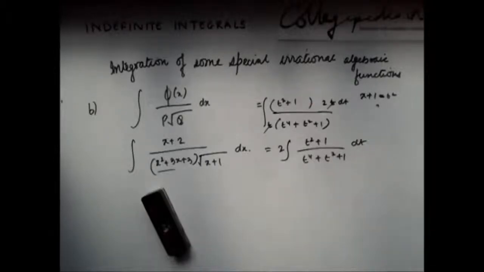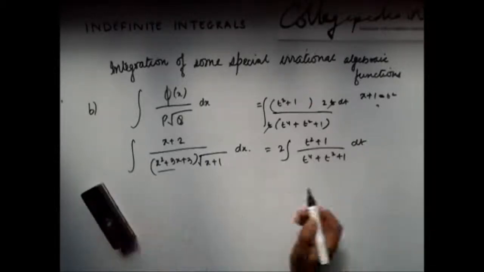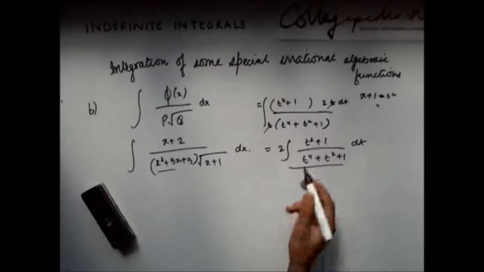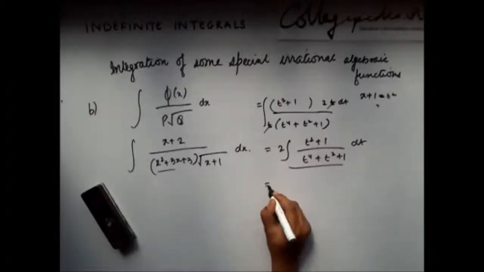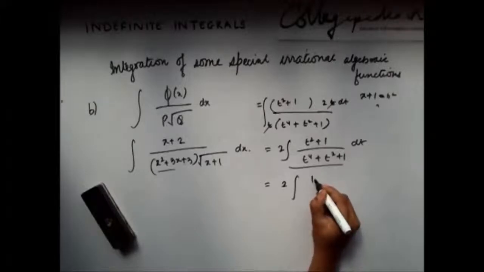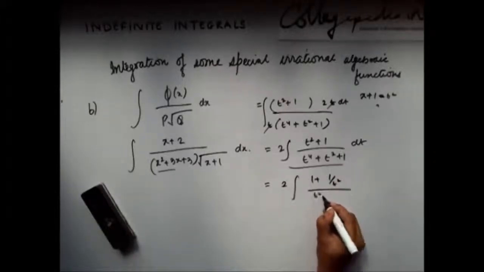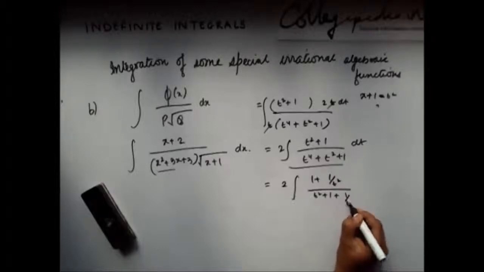Okay. Now I have also discussed how to solve this type of integral. So it would be better if you solve on your own, but since I am going systematically, let's see how we can solve this. What we'll be doing is, let's divide by t square. So when we divide by t square, we'll get 1 plus 1 by t square divided by t square plus 1 plus 1 by t square.